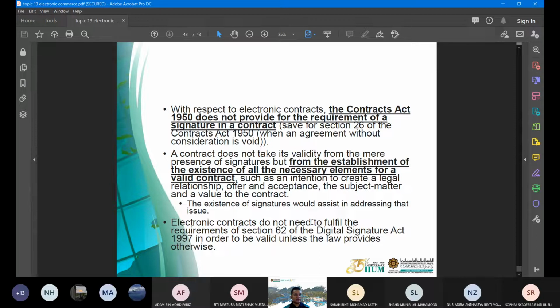Okay, so we have come to the end of this topic. If we go through in summary, online contracting by way of SMS, by way of WhatsApp, or even websites, has been recognized by the law as valid.